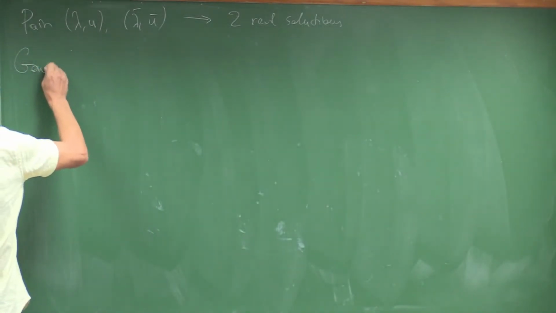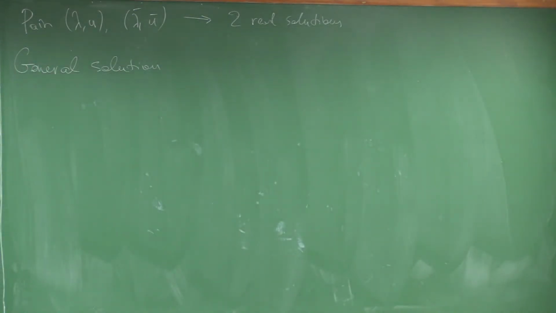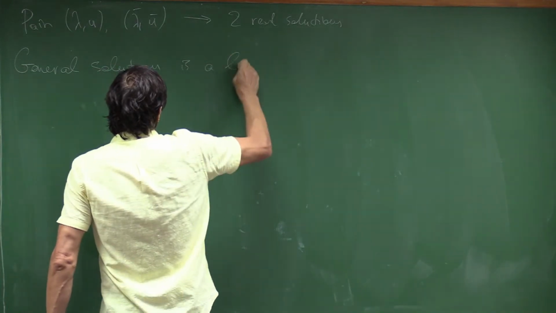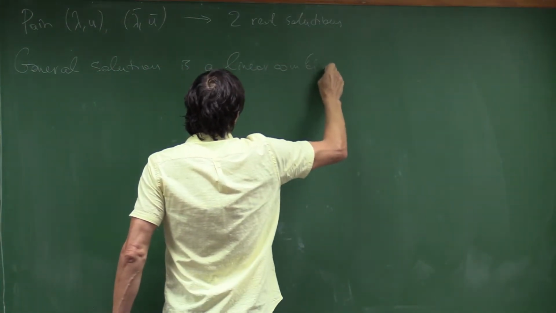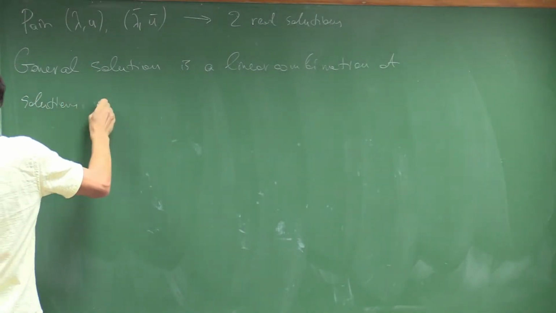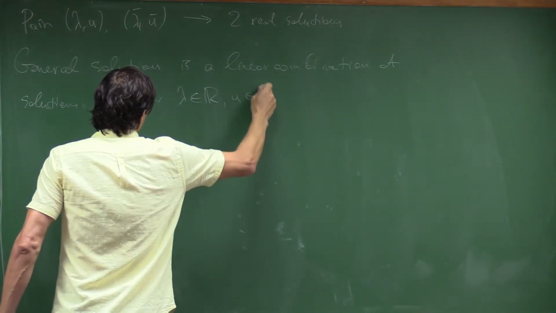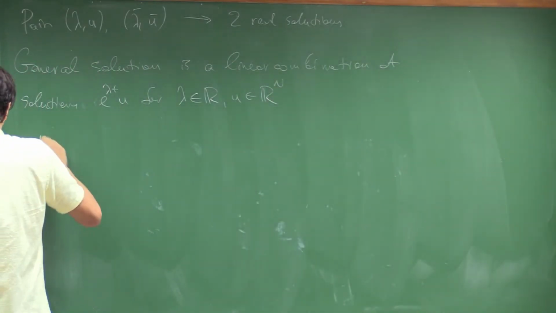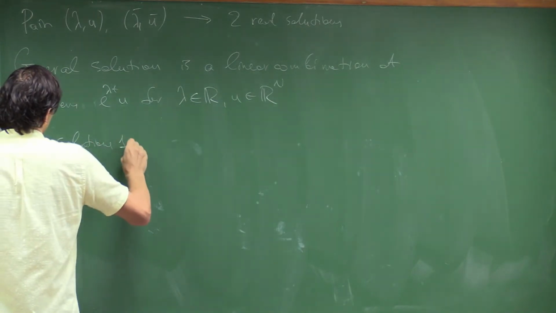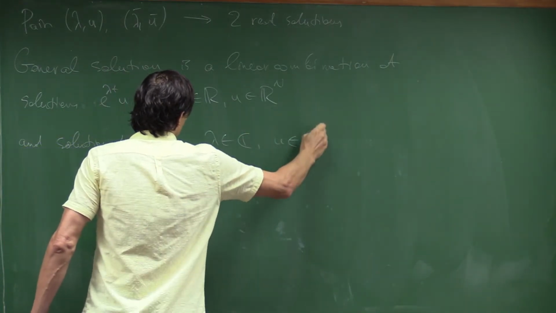So a general solution, let's call it case A, case B, is a linear combination of solutions u for a real eigenvalue and eigenvector, and solutions 1 and 2 for a complex eigenvalue and eigenvector.